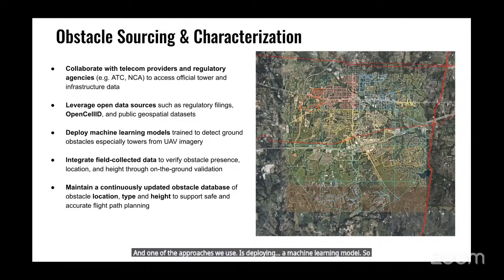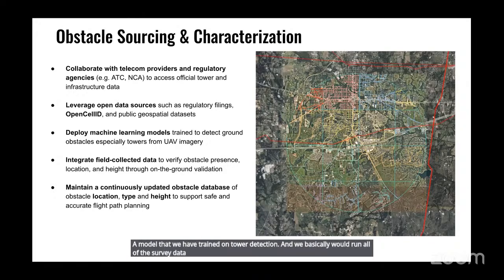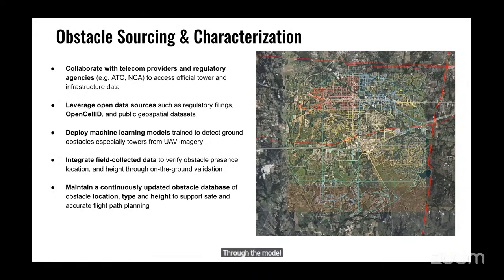So we have a model that we have trained on tower detection, and we basically would run all of the survey data that we get through the model, and the model is able to identify towers. Once we identify the towers, we are able to annotate them, and it ends up in what we are seeing in this screenshot here.